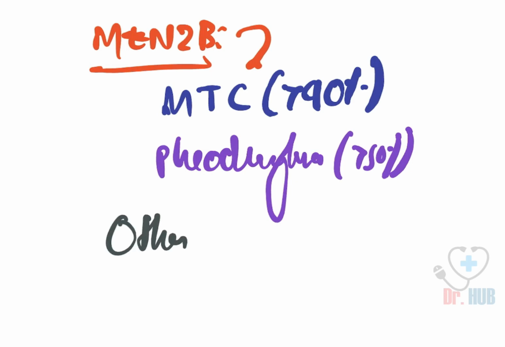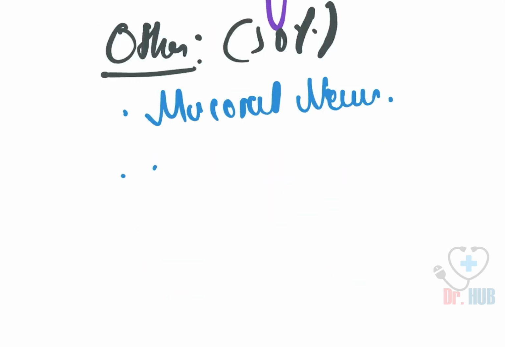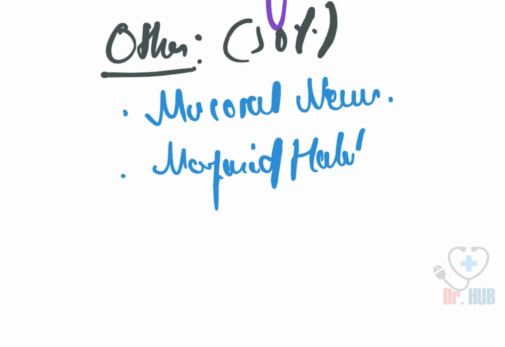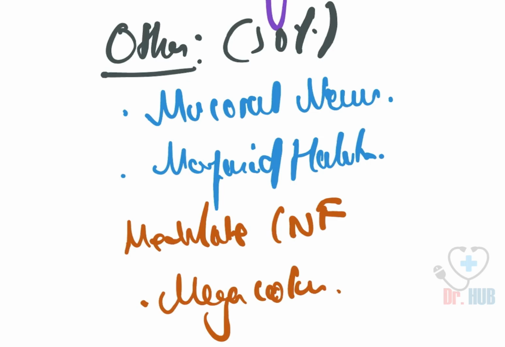Other conditions, which roughly accumulate to about 50%, include the mucosal neuromas, then the marfanoid habitus, next the medullated corneal nerve fibers as well as the megacolon.